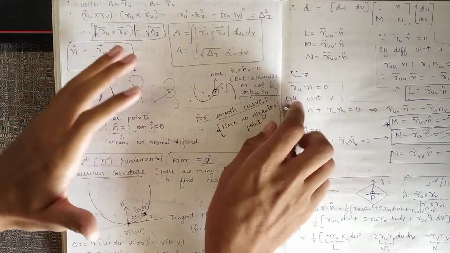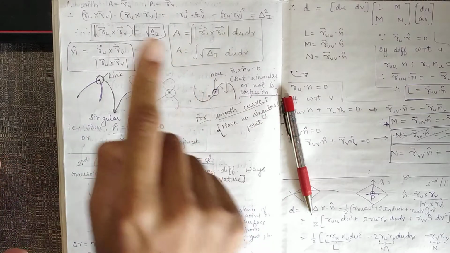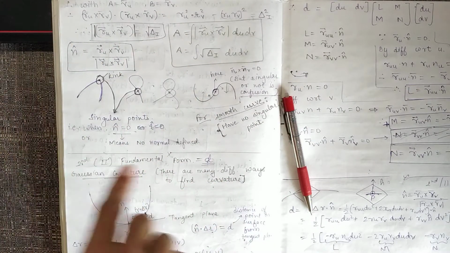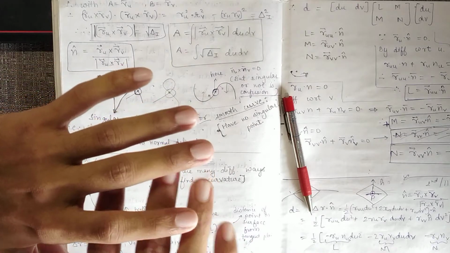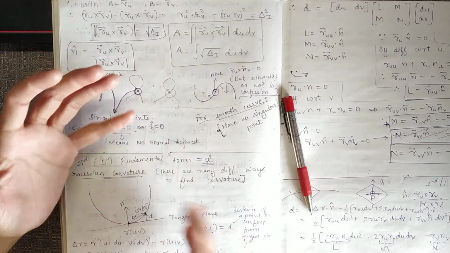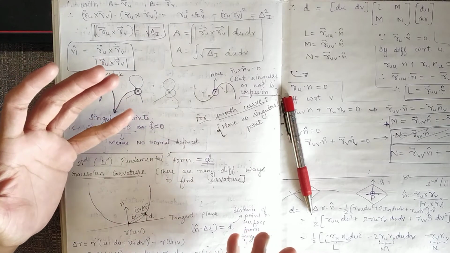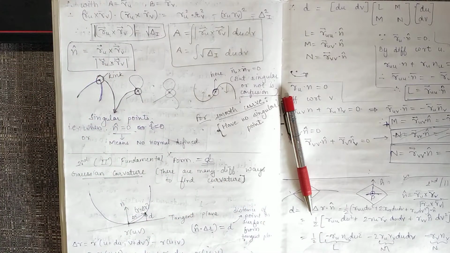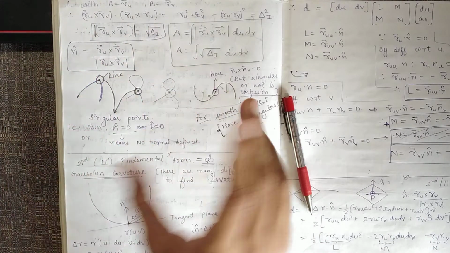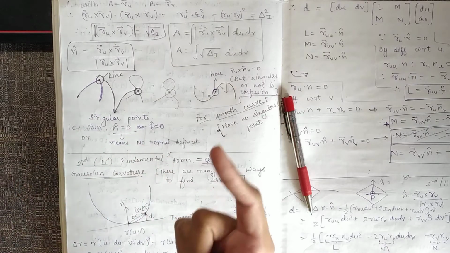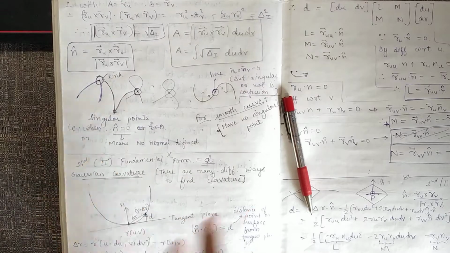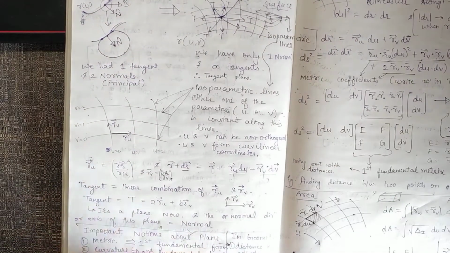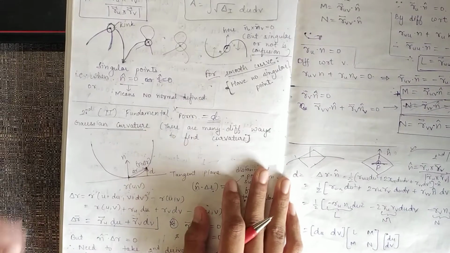So if we have a big globe and we make a small curve on that, the curve itself has some curvature, and then the curve is made on a curved surface, so the surface curvature is also contributing. So when we want to explicitly find the curvature coming from the surface itself, then we need to subtract the curvature which is contributed by the curvature of the arc. So we'll see that.